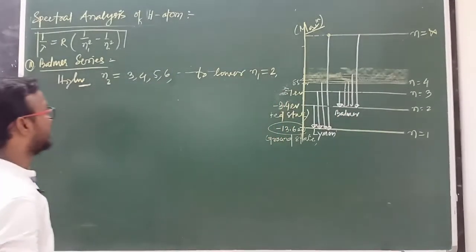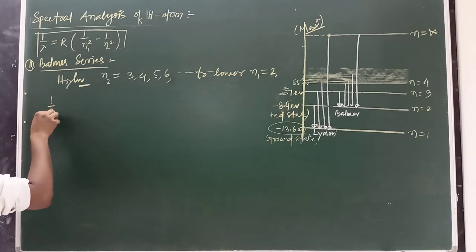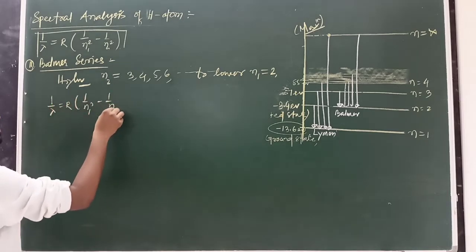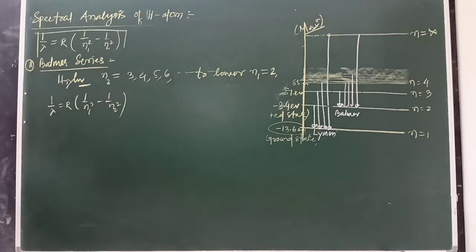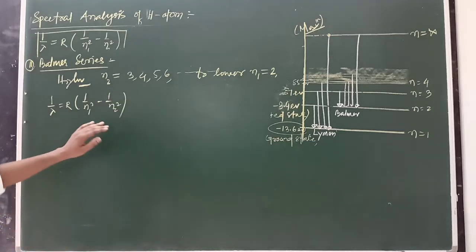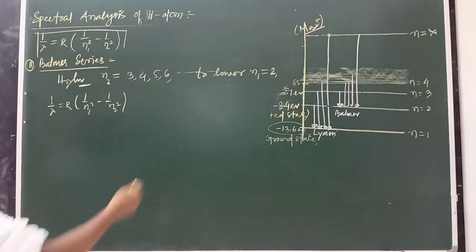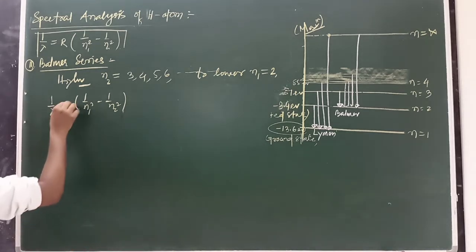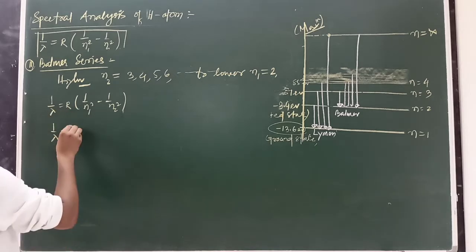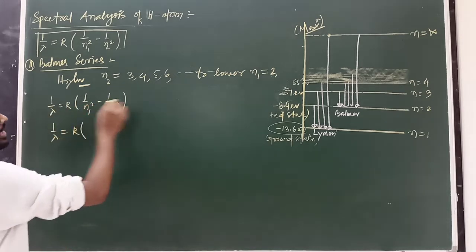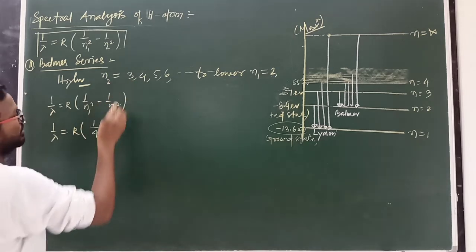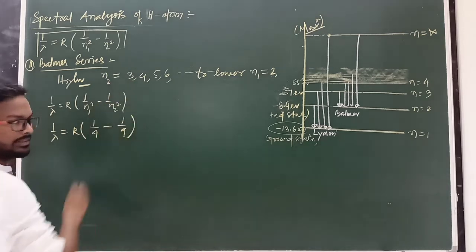Clear? So in this case, we can write 1 by lambda equal to R into 1 by N1 square minus 1 by N2 square. Clear? And you can use all the values and solve. Suppose I am solving here 1 by lambda equal to R into, N1 is 2, so you can write 1 by 4 minus, N2 equal to 3, so 1 by 9.